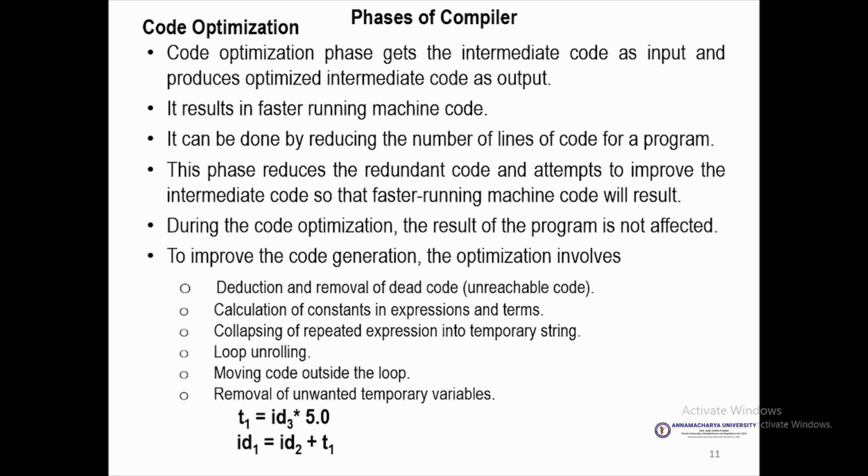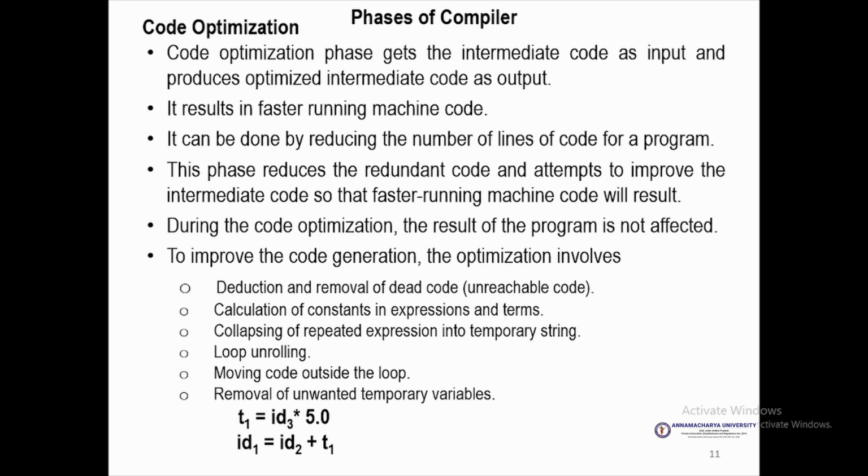Here is one example: T1 equal to identifier 3 into 5.0. Instead of calling int to float, since 5 is a constant, it is simply written as 5.0. This is considered one variety of optimization.